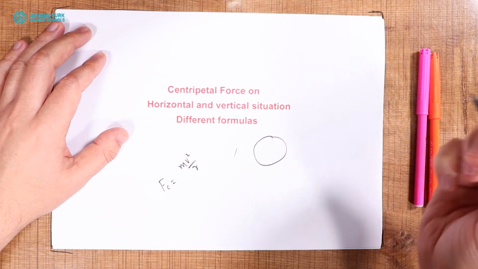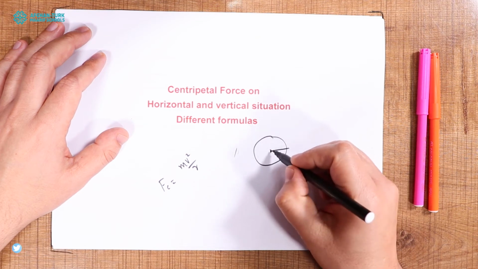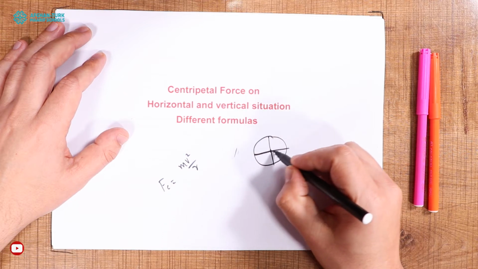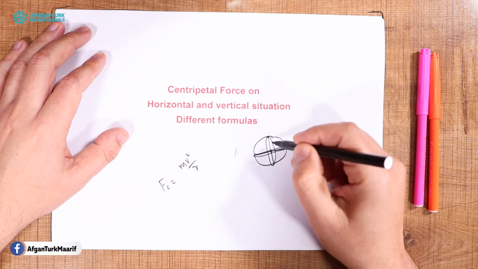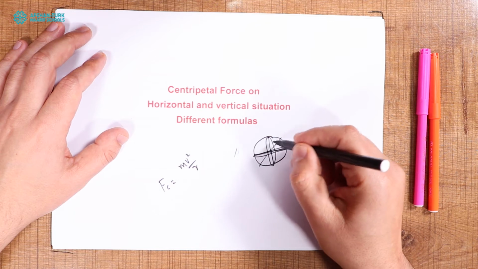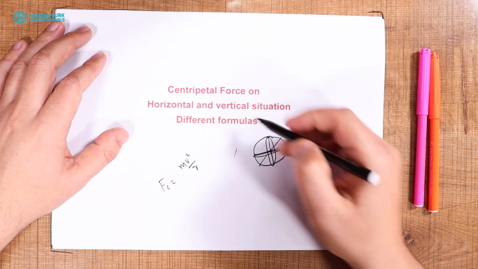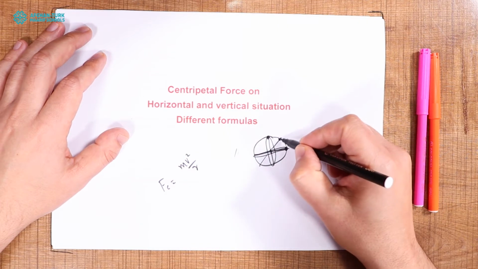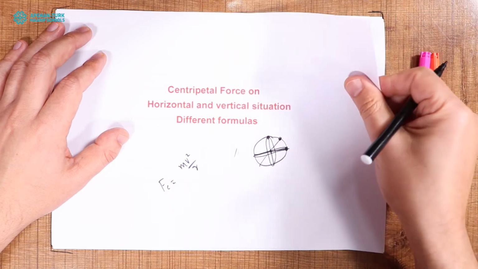This is the general formula, but if the object is in a different position, like a horizontal position, a vertical position, or in between these two, what types of formula can we use? Let's see one by one on the next page.